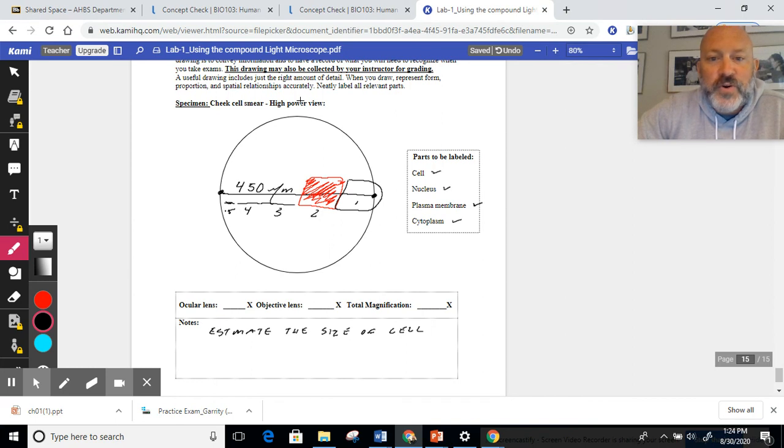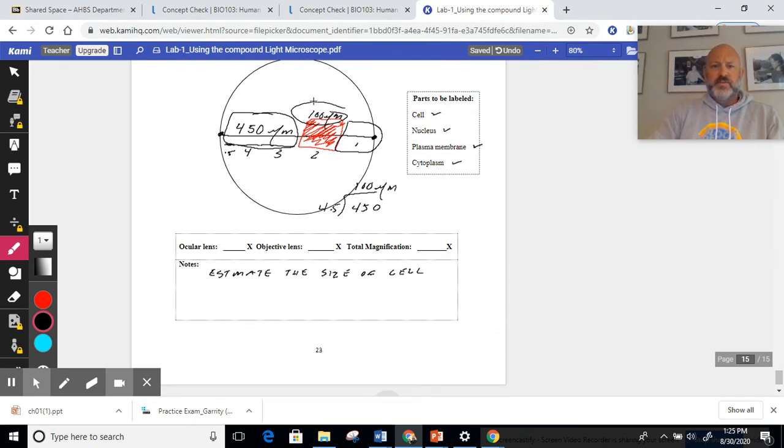Well, what is 450 divided by 4.5? That's pretty easy math, isn't it? In this case, it is 100. So I would estimate that the size of this is 100 micrometers. And I'm estimating the size of that using my known field diameter. All right. So that's how you do that.